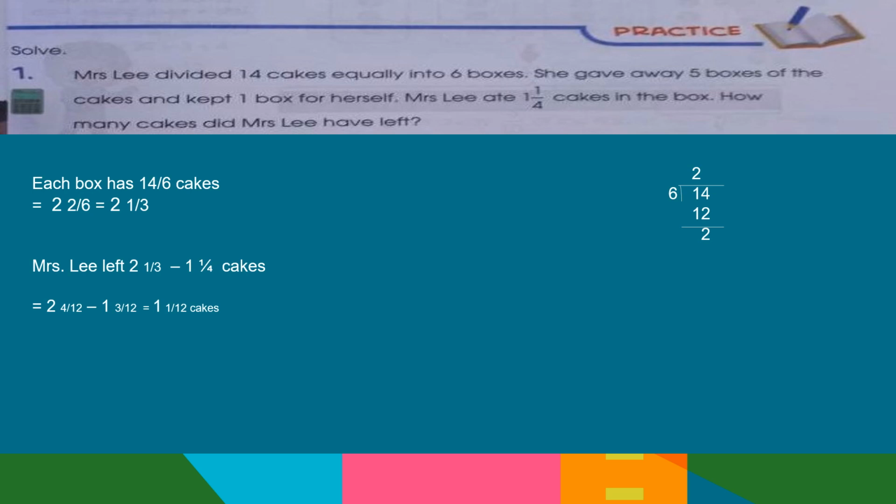So they become 2 whole number 4 over 12 minus 1 whole number 3 over 12. Now 2 minus 1 is 1, and 4 minus 3 is 1 over 12. So 1 whole number 1 over 12 is the answer, the amount of cake left with Mrs. Lee.